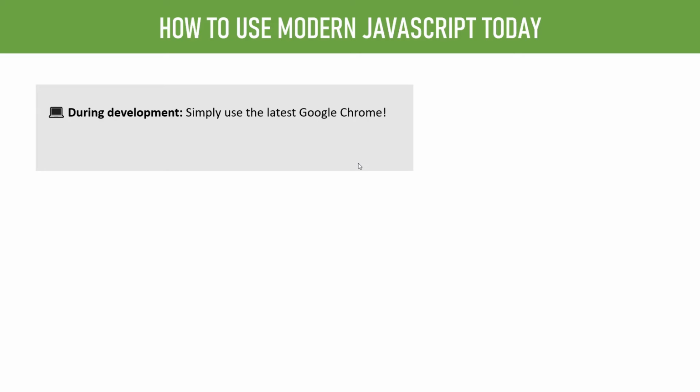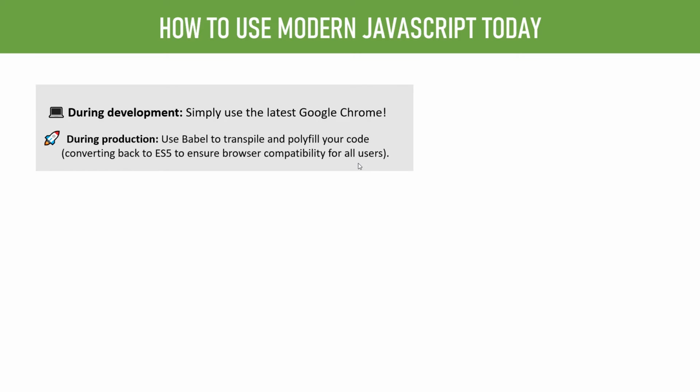The second scenario is production, which is when your web application is finished. So you deploy it on the internet and it's then running in your users' browsers. And this is where problems may appear, because this is the part that we actually cannot control.